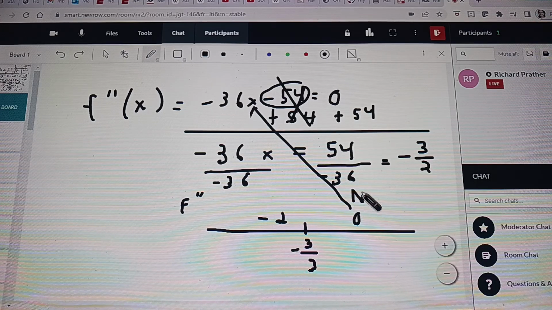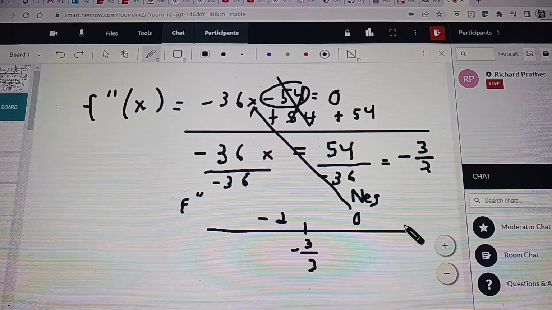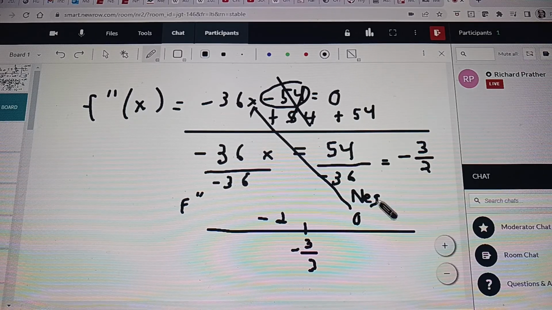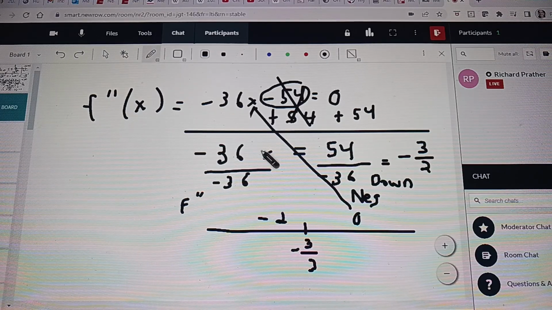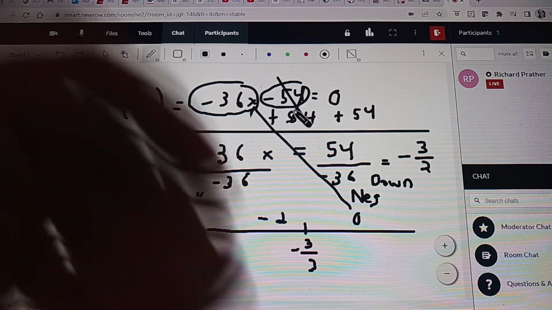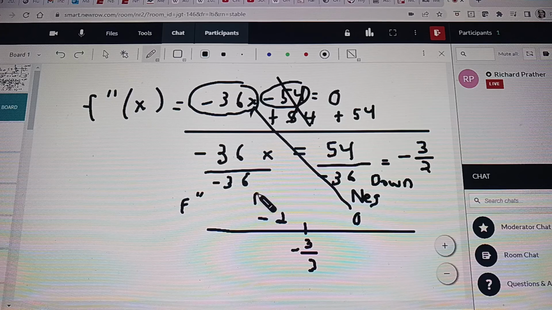The second derivative is negative anytime you're past negative 3 halves, and that's when you're concave down. And then negative 2 times negative 36 is positive 72. 72 minus 54 is 18, or more importantly, positive 18. So the graph is concave up.